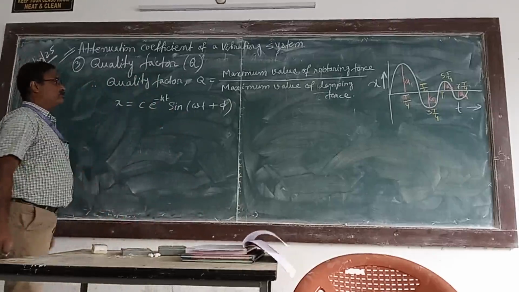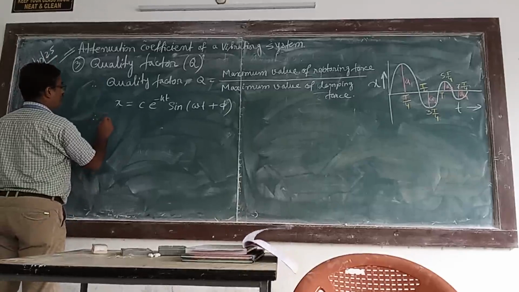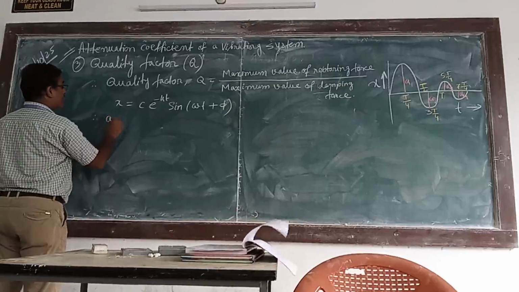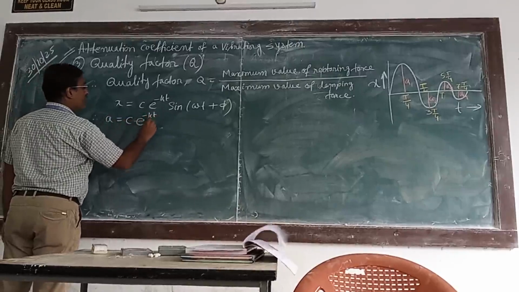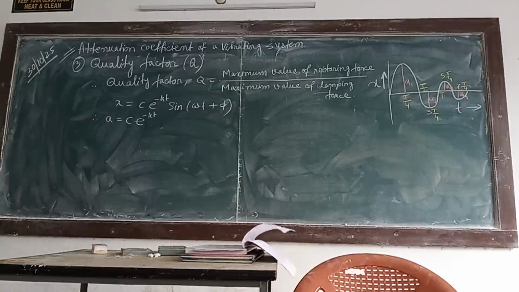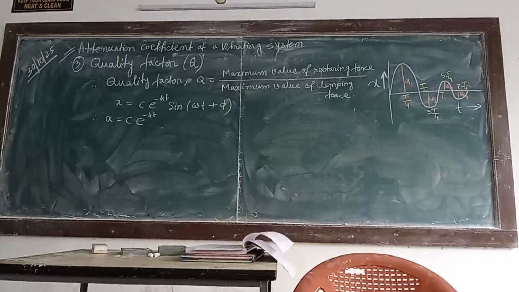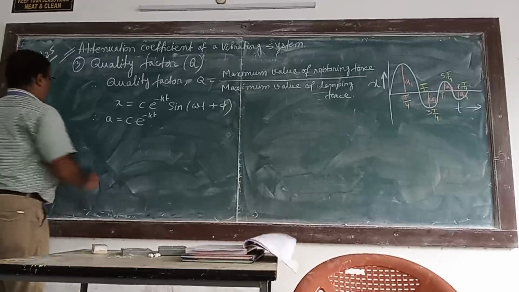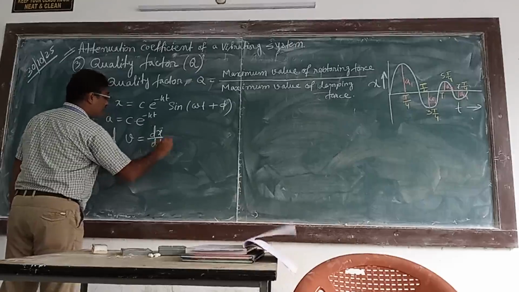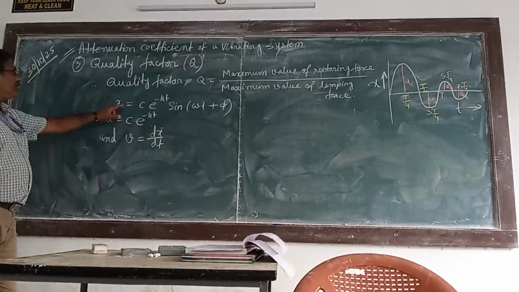So the amplitude a equals c e to the power minus kt. And the velocity v equals dx/dt.